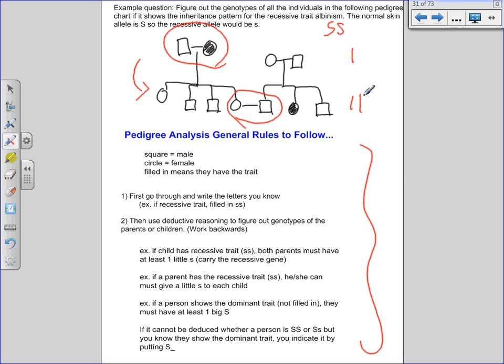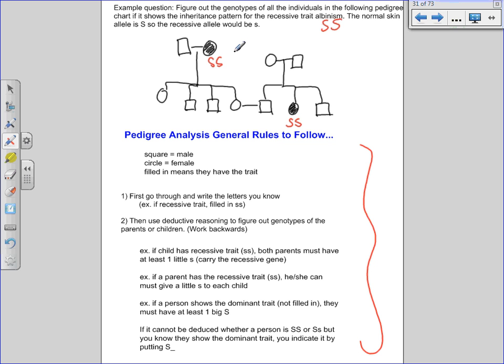The easiest way to approach them is to go through and fill out, I'm just going to get rid of some of that red stuff so it's not in the way, to go through and figure out which ones do I know the genotypes for? It's asking you to figure out all of the genotypes, but if you go through, I know that the ones that are recessive are going to be little s, little s. So I'm going to fill them out first.